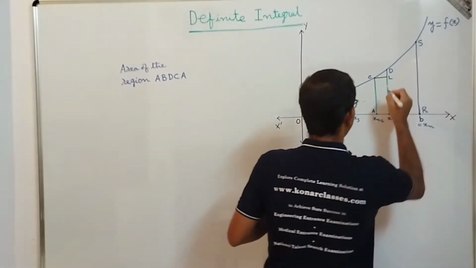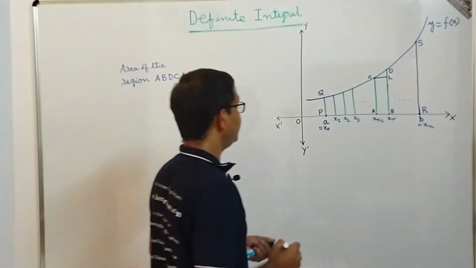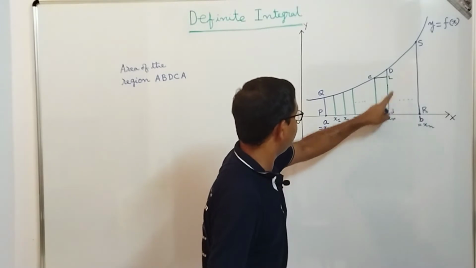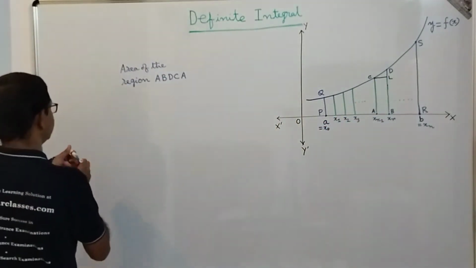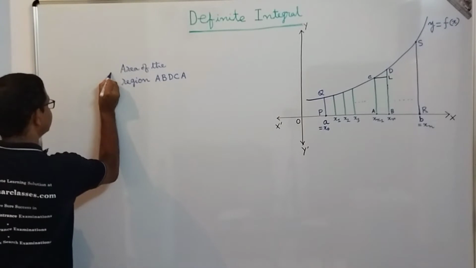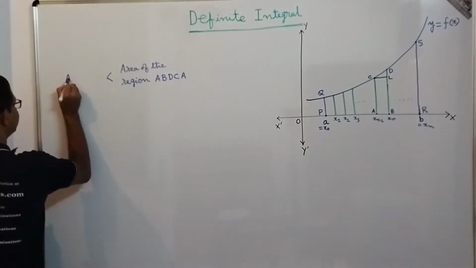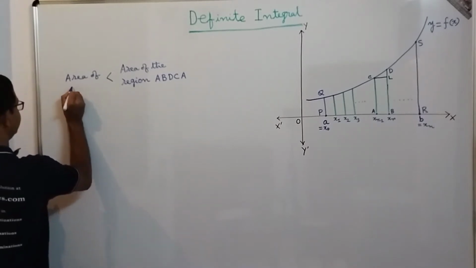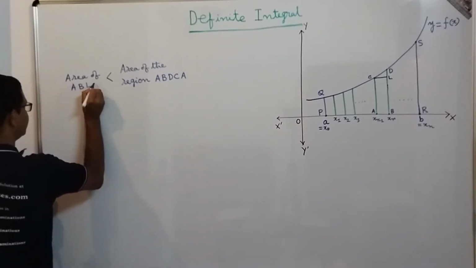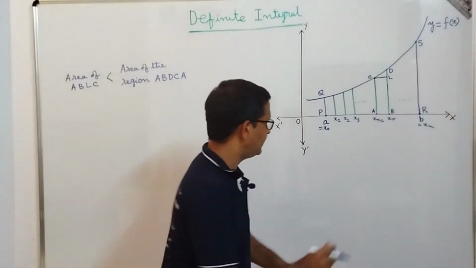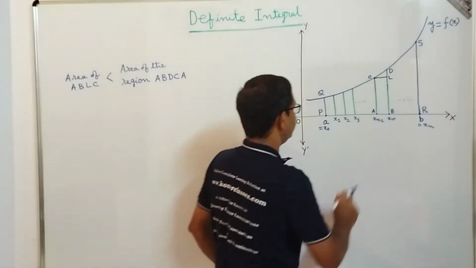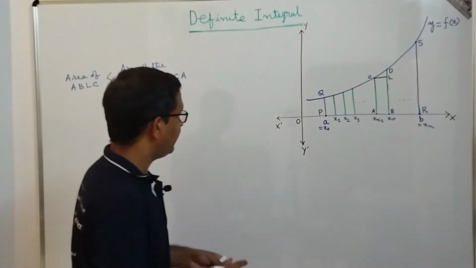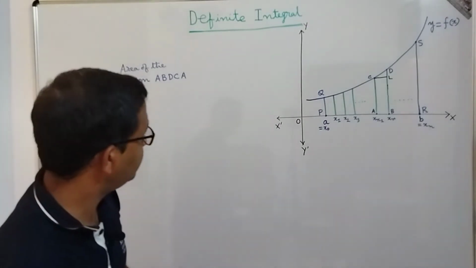The area of this region ABDCA is greater than the area of the rectangle ABLC. So we can write that the area of the rectangle ABLC is less than the area of the region ABDCA.